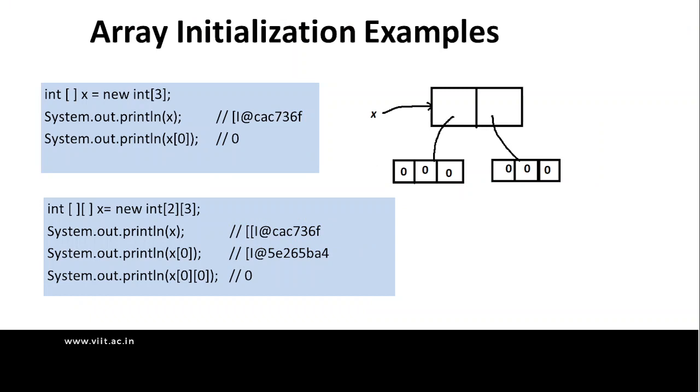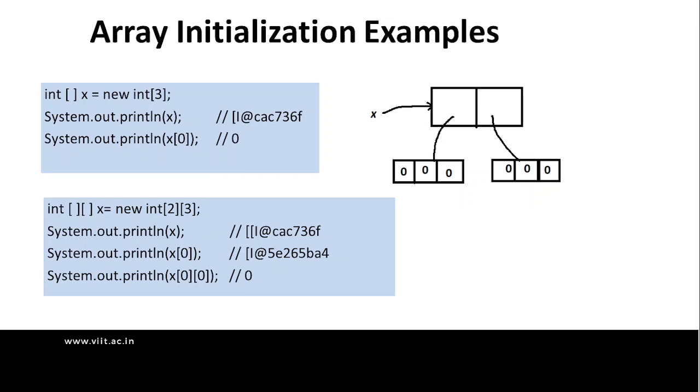In the array initialization example, take int[] x equal to new int[3]. If you try to print System.out.println(x), the array's object value, its location value, will get printed.